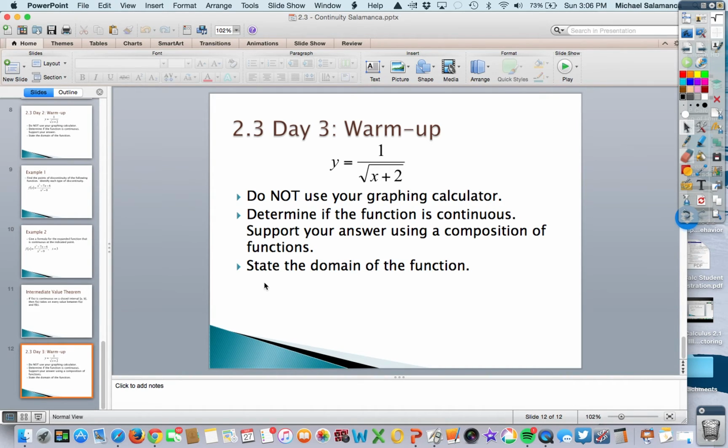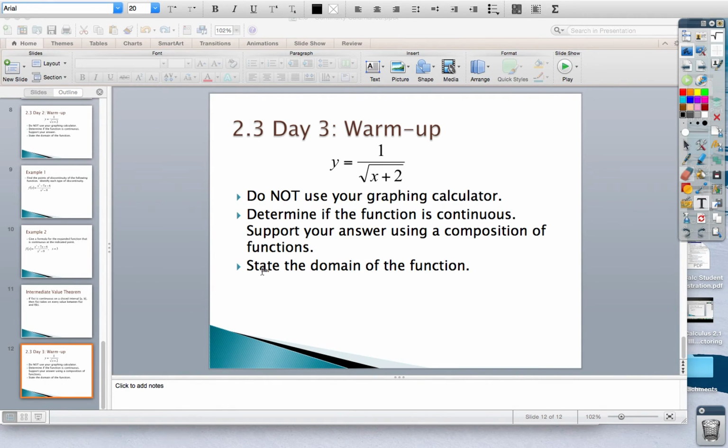So we are going to say that this is a composition of functions, f of g. Let's get some math in here. Let's pretend this is our little composition sign.